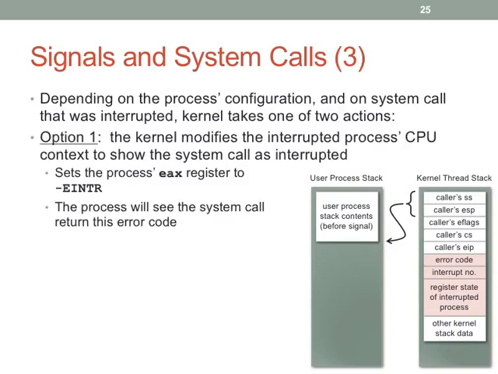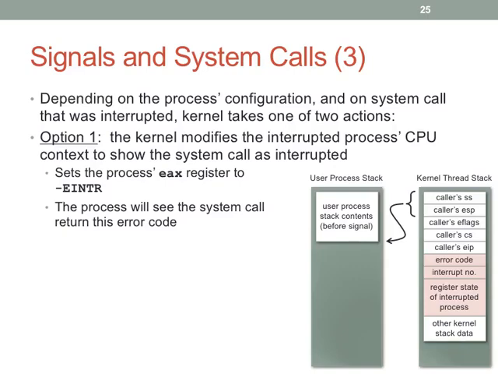Basically, the kernel can do one of two things. One is modify the process's machine context to record that the system call was interrupted. That's pretty easy to do because remember, EAX or RAX is going to be the return value, so it just sets that register to -EINTR. Then it's time to go back.